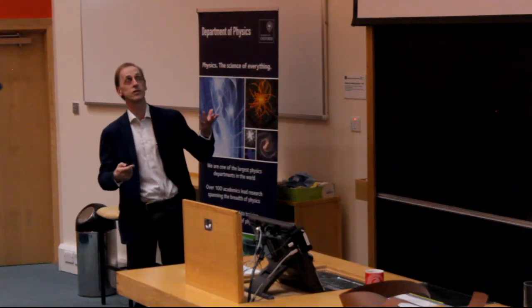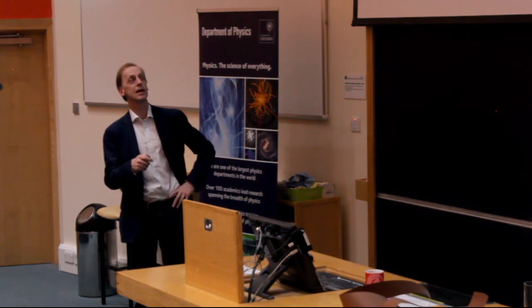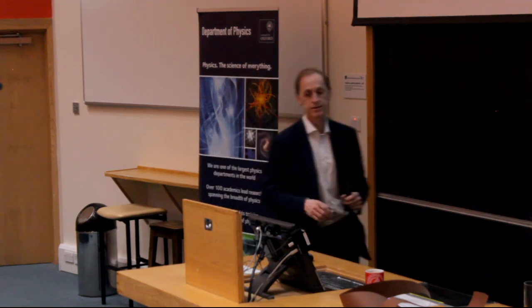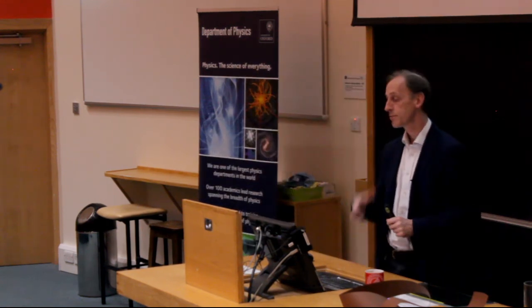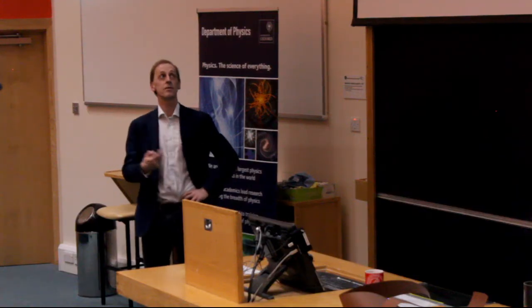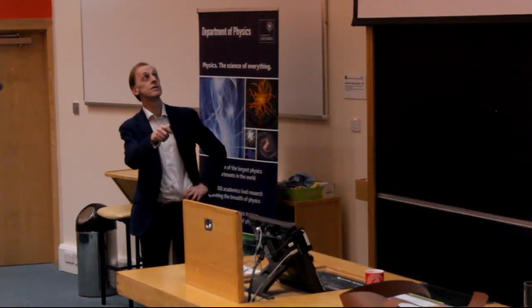So of course electrons have mass, so this is not a real electron, but he found a solution for a particle which has got zero mass. And he found that this particle has got different properties to free electrons. First of all, of course, it's relativistic because the particle's got zero mass.